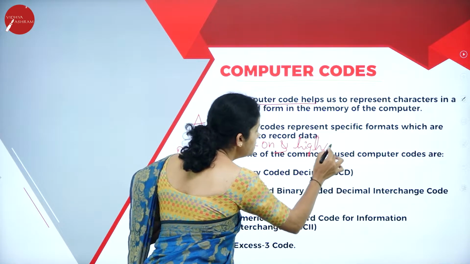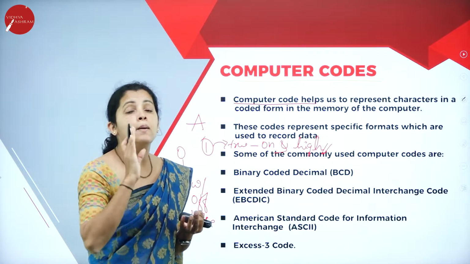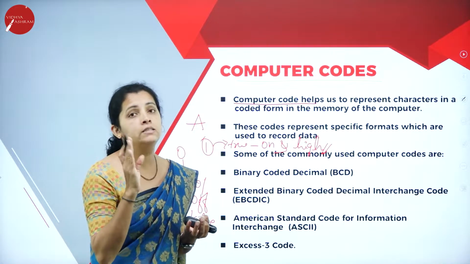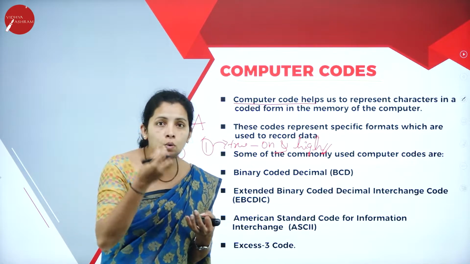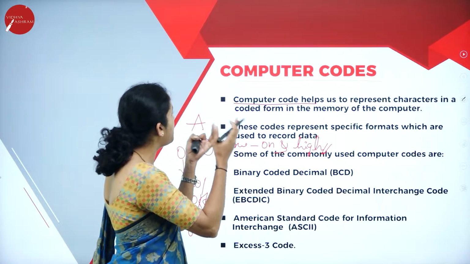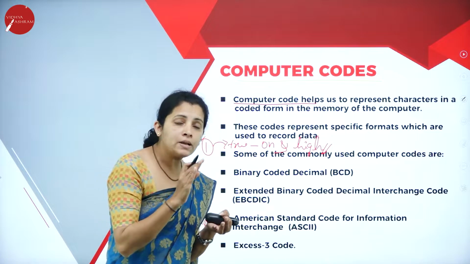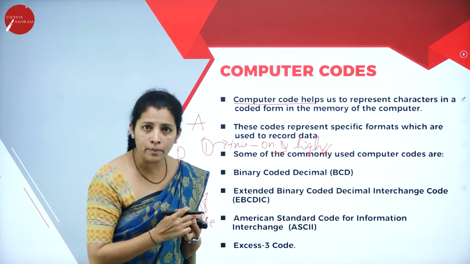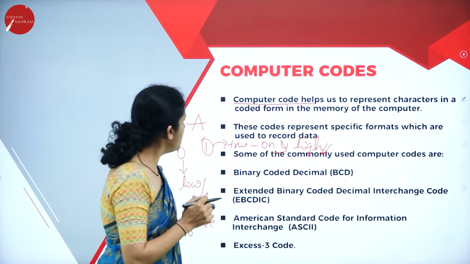So dear student, just remember that the computer understands only binary code, that is nothing but the machine code. Whatever data we read from the keyboard must be represented in some coded form. After representing that in the form of computer codes, it is stored in the computer memory.